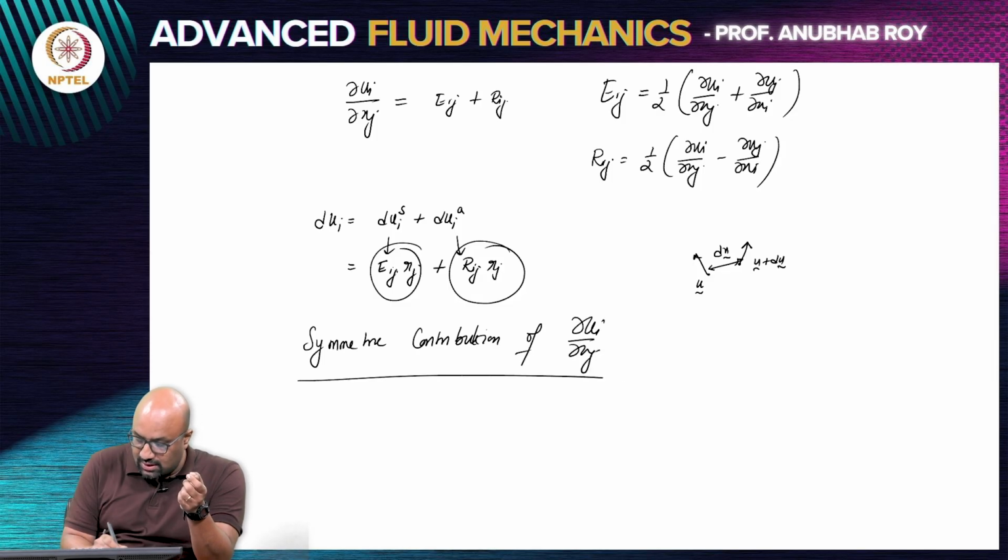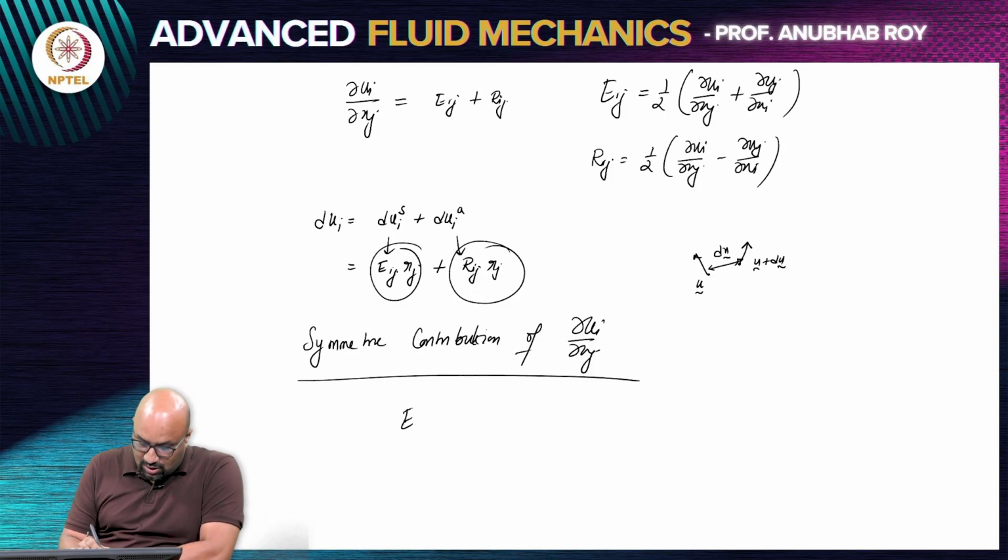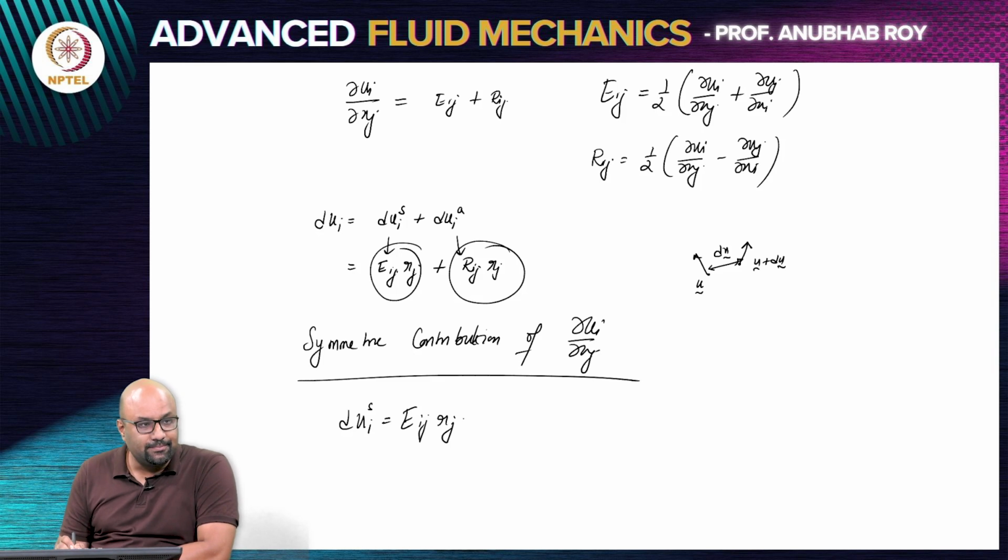So we'll first consider the symmetric contribution of the velocity gradient, which is this object Eij. So the symmetric part of the change in velocity is going to be Eij Rj.